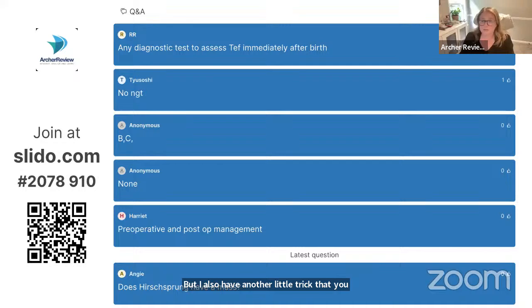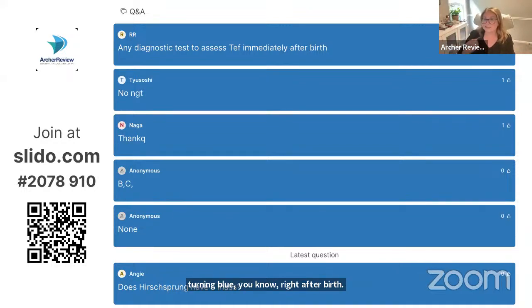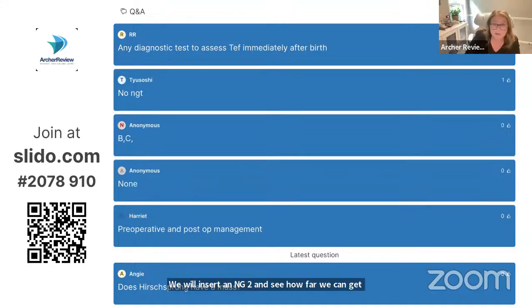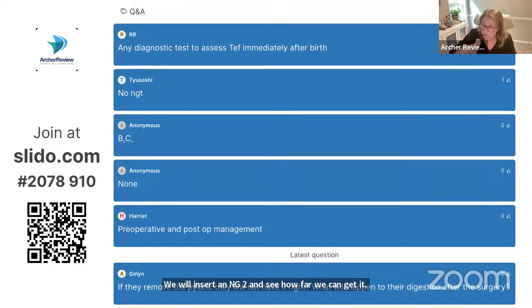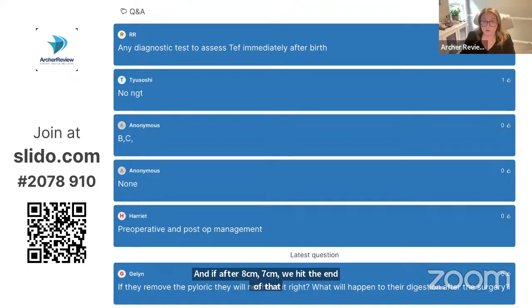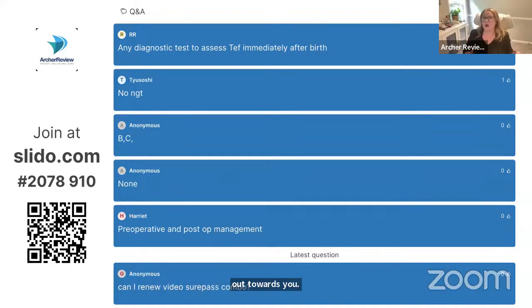A lot of times, if we are suspecting tracheoesophageal fistula, the baby is choking, coughing, and turning blue right after birth, we will insert an NG tube and see how far we can get it. And if after 8 centimeters, 7 centimeters, we hit the end of that esophagus and it just turns around and comes right back out towards you, you have a pretty good indicator that that esophagus is not normally developed. So it's very crudely just, how far can this tube go in?